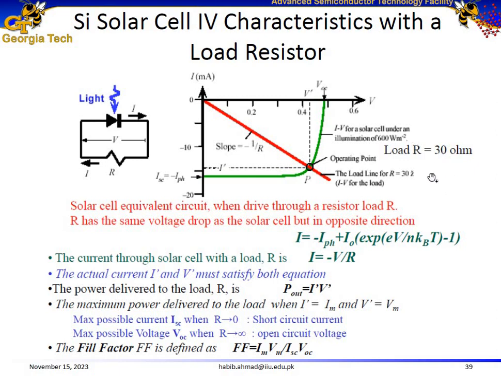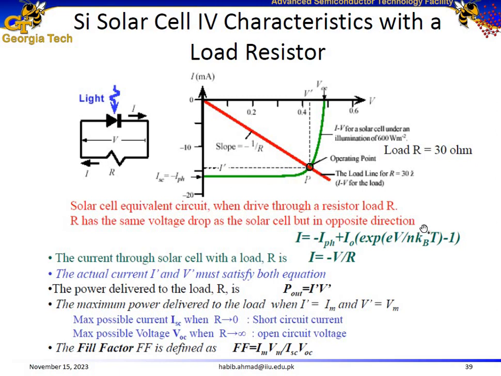And assume a load resistance of, for example, 30 ohms. So for this configuration, when we connect this resistance to the solar cell, how do we determine the corresponding voltage and current point for this resistance?